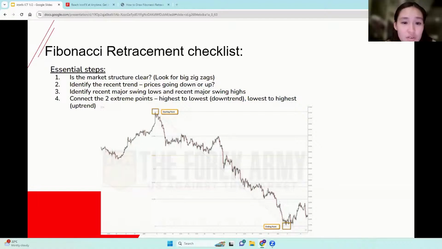Next, we want to look for the recent trend, so are prices going up or down, and it's important to always follow the general trend. Next, we want to identify recent major swing lows and swing highs, like those that we've identified previously, and then connect the two extreme points like we have done over here. Since this is a downtrend, your starting point is at the swing high and your ending point is at the lowest swing low.